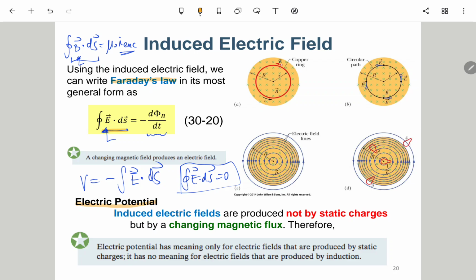So which means for the electric potential we introduced in chapter 24, induced electric fields are produced not by static charge, but by a changing magnetic field. Therefore, potential difference has meaning only for electric fields that are produced by static charges.